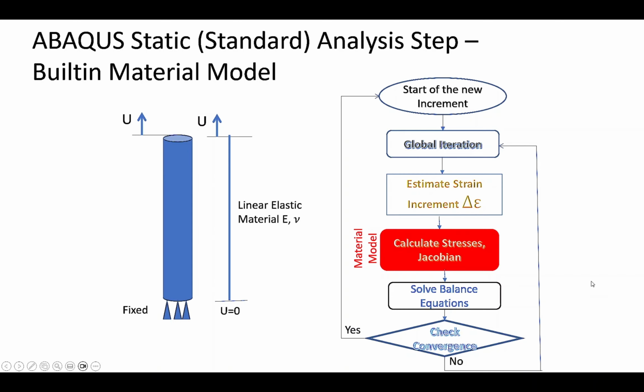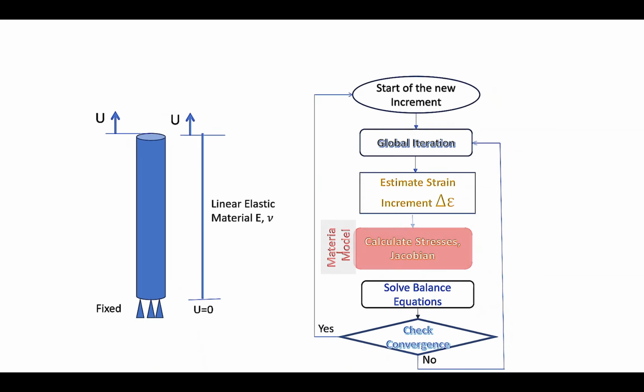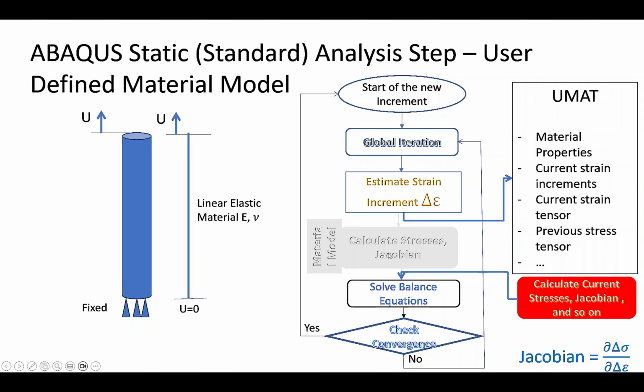Now imagine the default material model is not useful for us and we want to write our own user material subroutine. Then we bypass this whole step, and rather we write a UMAT subroutine where the global solver calls the user material subroutine with the material properties, the current increment of strain, the current total strain at that time increment, the previous stress tensor coming from the previous time increment, and any state dependent variables, which could be plastic strains or any other variables you are storing and updating during every increment.